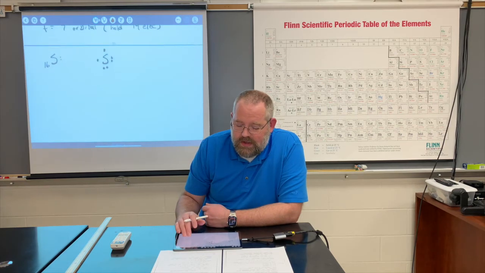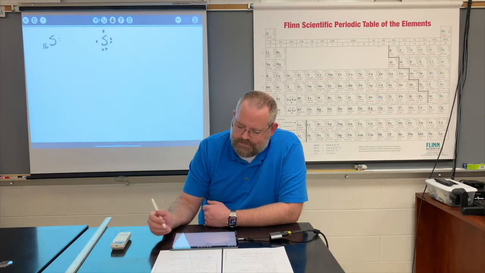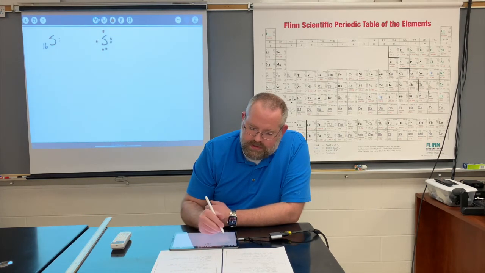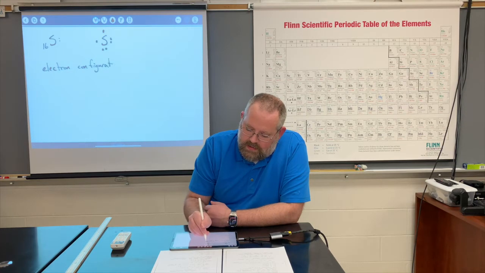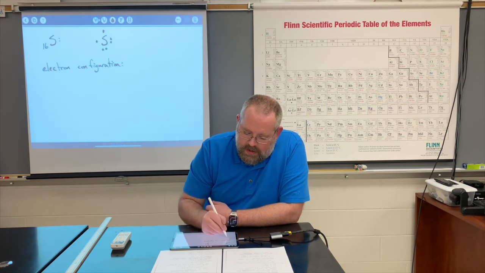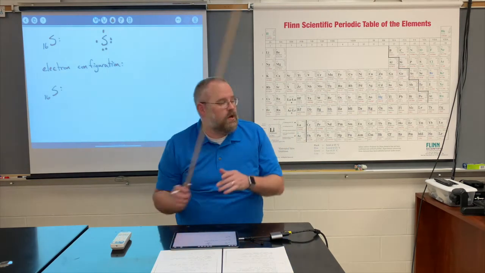Next unit, our valence electrons are going to be very, very important to what we use for bonding. Okay. Next, let's look at the electron configuration. Sulfur, we always start at 1.